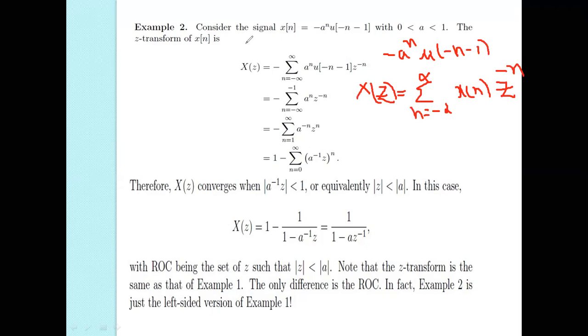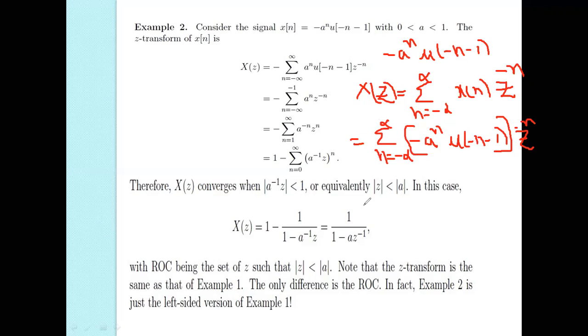How to find the Z transformation of the signal x of n: the sum from n equals minus infinity to infinity of the given x of n, minus A power n mu of minus n minus 1, times z power minus n. Okay, this is the given signal.